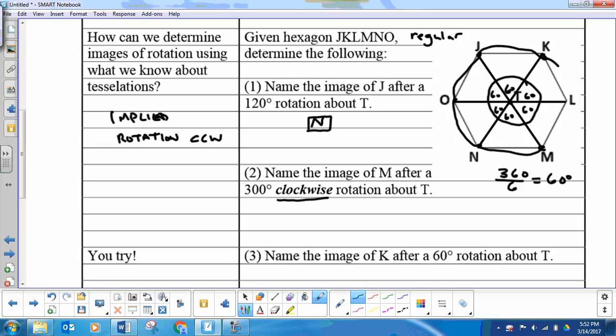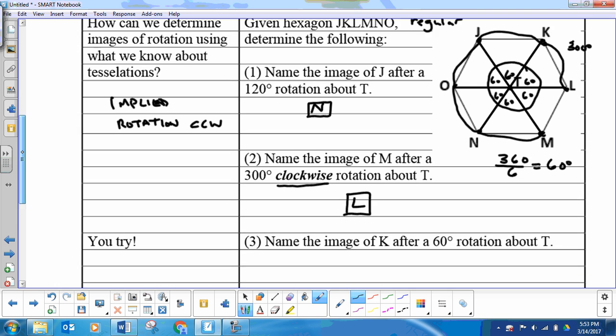And finally, K to L gets me to 300 total degrees, because 60 plus 60 plus 60 plus 60 plus 60 is equal to 300. You can think of it in increments; in this case, 60 times 5 gets us to 300. However your mind likes to take you as we walk around this hexagon. So our image of M after a 300-degree clockwise rotation about T is going to be point L.